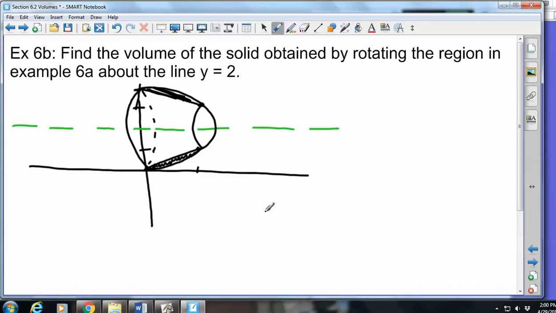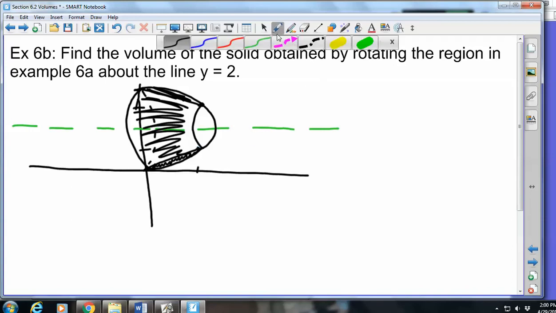Okay, but we just spun it around a different line this time. So this is all shaded region here, but it's hollow in the middle. Now the real trick, because it's not centered around the x-axis, our radius is not just our function this time. We're going to have to think about it a little more.